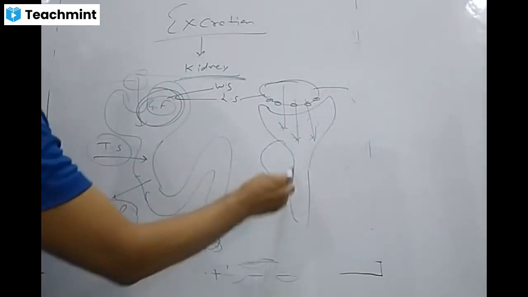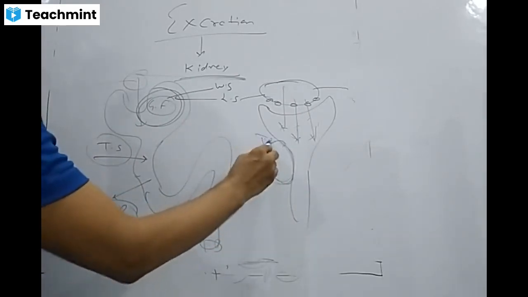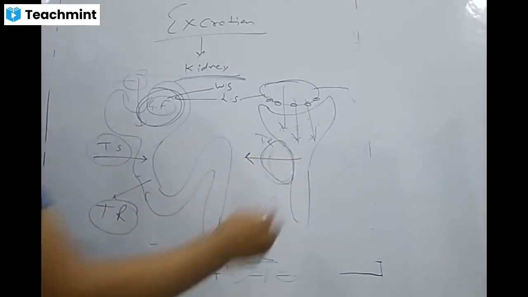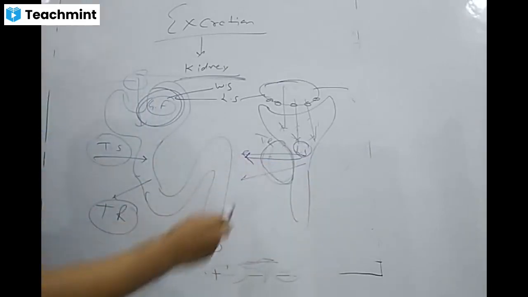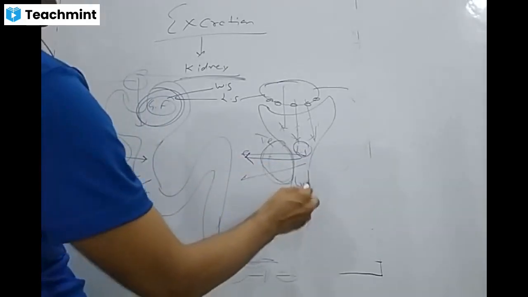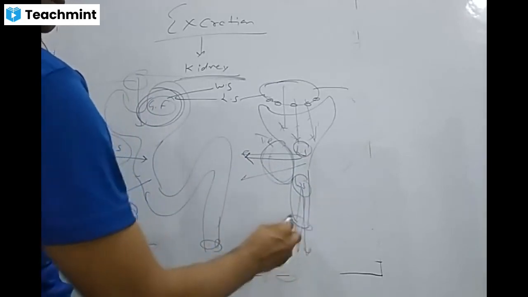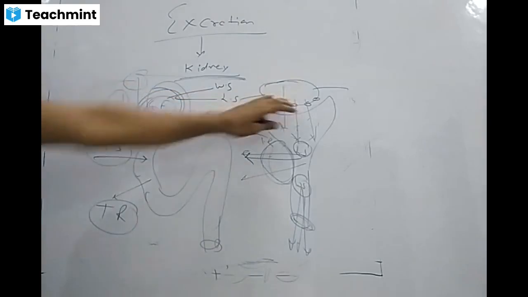But the second process, tubular reabsorption, depends on the lipid solubility. If the drug is lipid soluble, it will be reabsorbed back. If it is water soluble, it will be excreted out. So this is glomerular filtration.